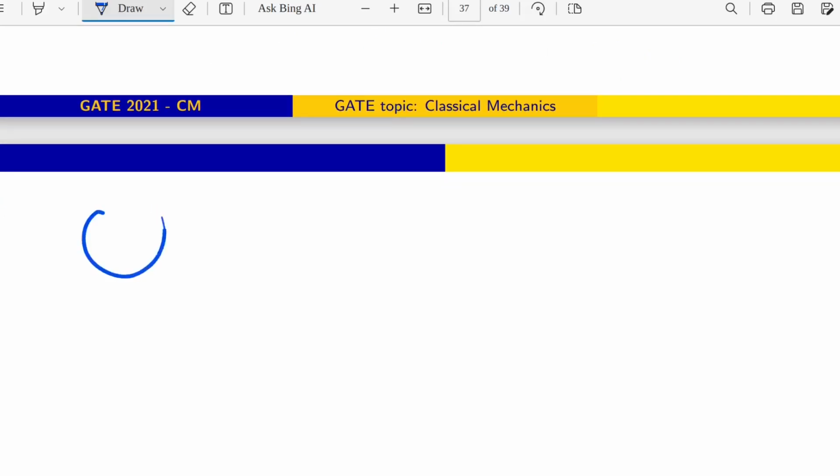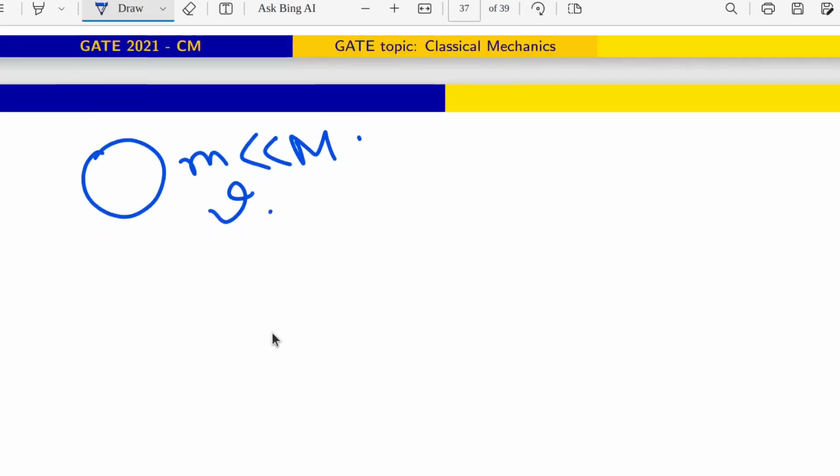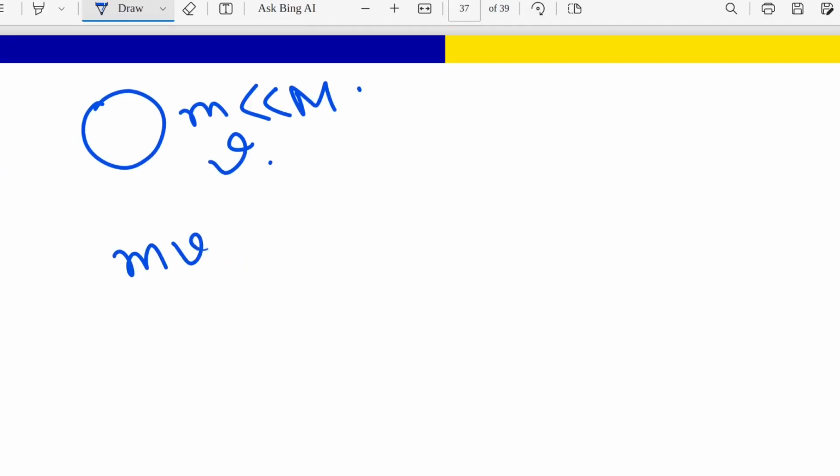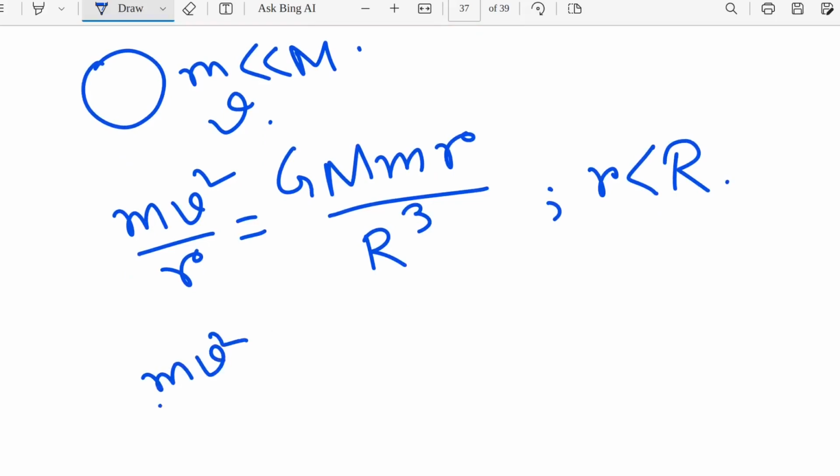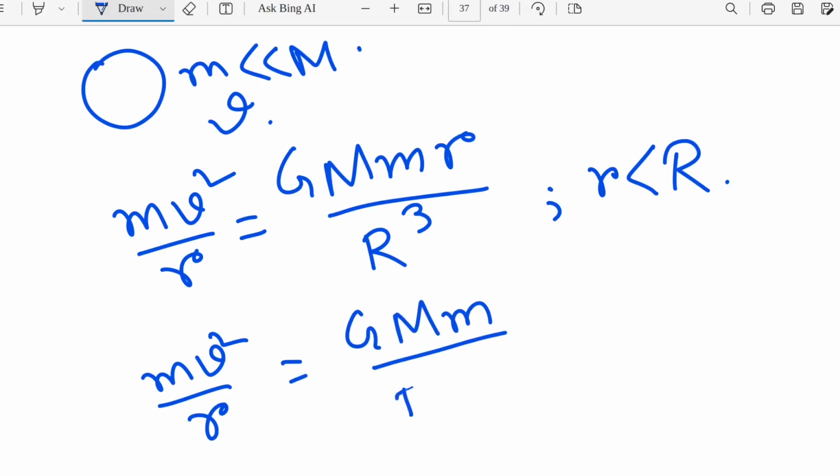Now as it is telling that our small m, which is very less than M, is moving with the velocity v, then what will be the condition of this case? m v square by r will be GMmr divided by R cube for the first condition, that r is less than R. And the second condition is m v square by r is equal to GMm by r square when r is greater than R. These 2 conditions will be satisfied simultaneously.